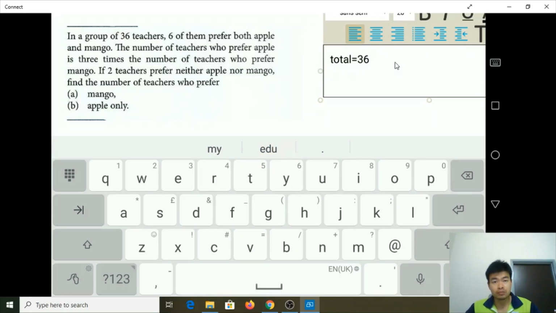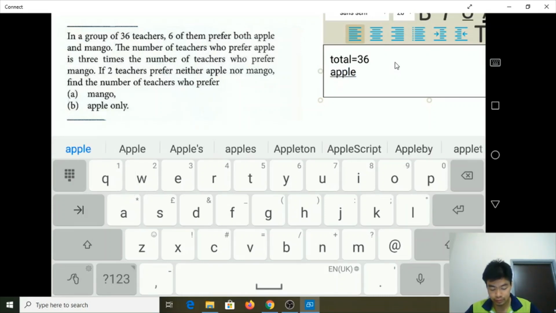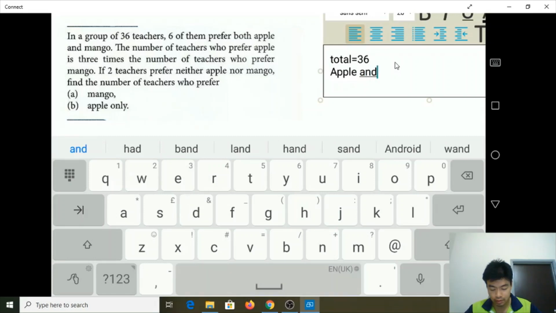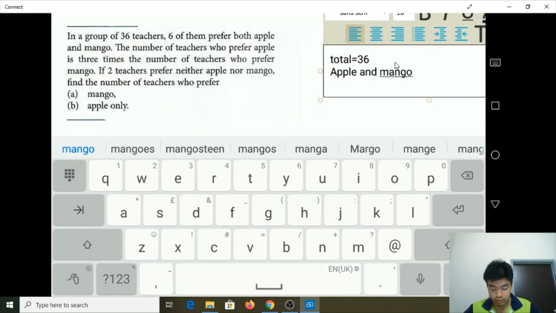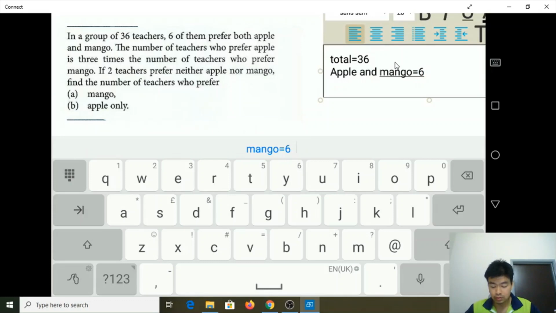What is the next information? 6 of them prefer both apples and mangoes. So apple and mango equals 6.